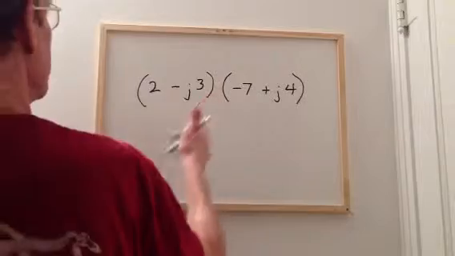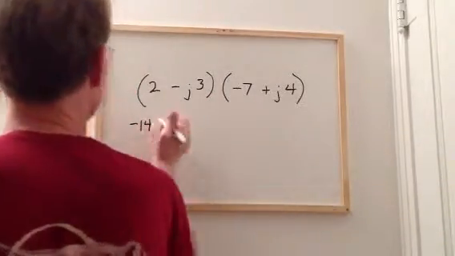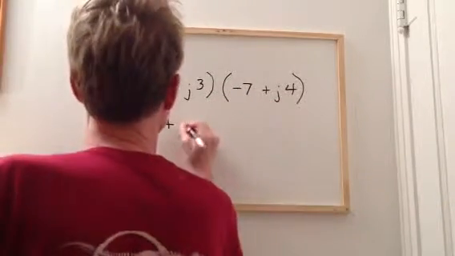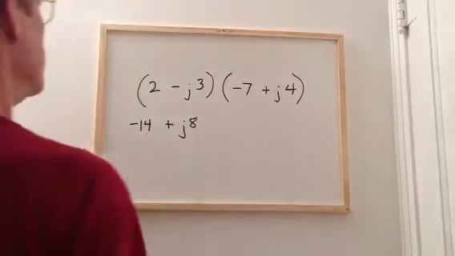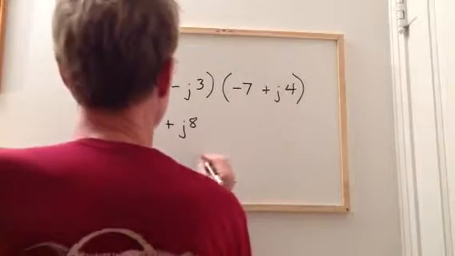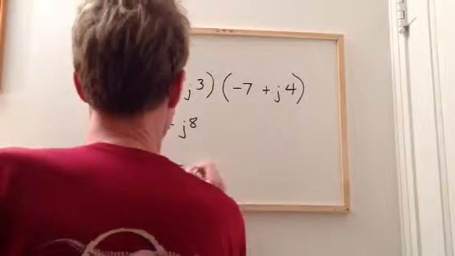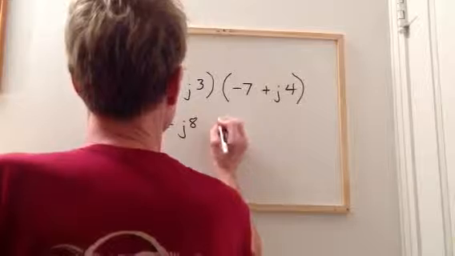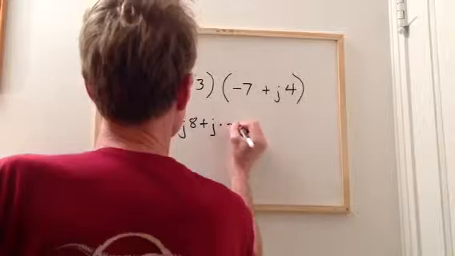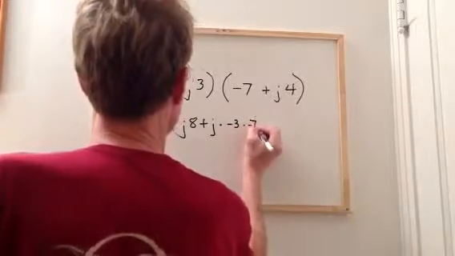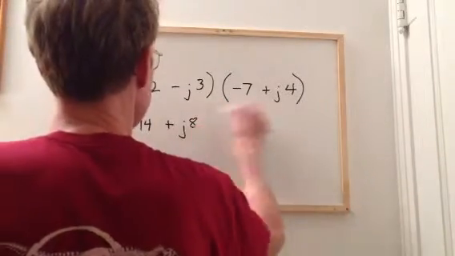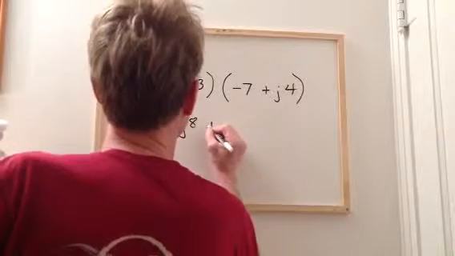Okay, 2 times a minus 7 is a minus 14, plus 2 times J4 is J8, that's J times 2 times 4, minus J3 times a minus 7, now that gets a little tricky, minus J3, okay, that's J times a minus 3 times a minus 7, and that is the same thing as J21.